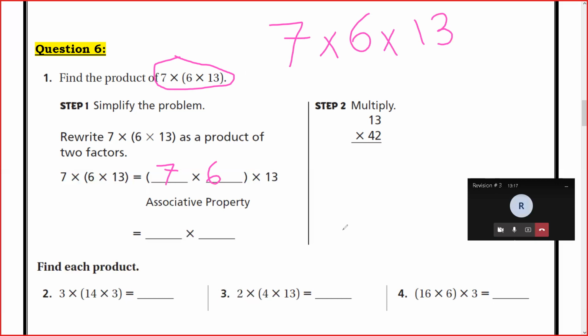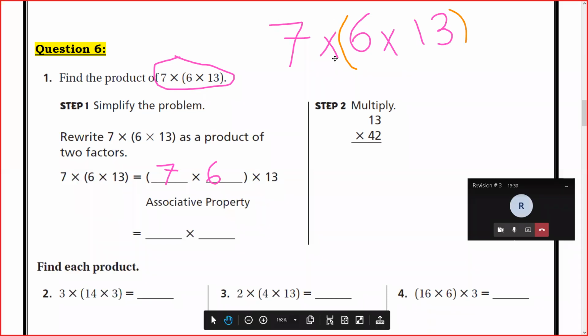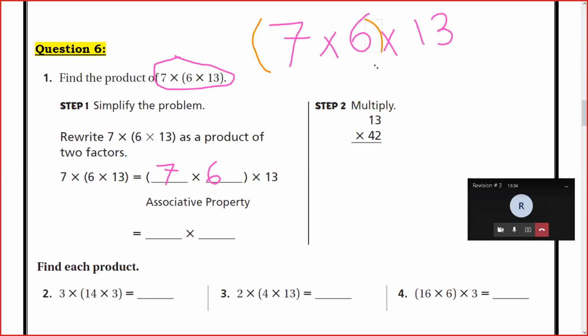Okay, now I will repeat. In my example, I have 6 times 13, then they are multiplied by 6. Sometimes I can change the place of the brackets or the parentheses, and if I change the place of the parentheses, I will get the same answer. Got it?